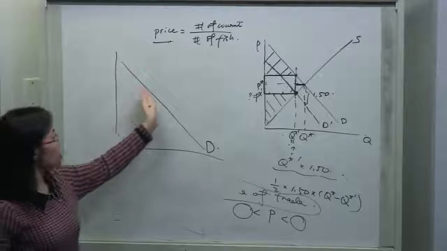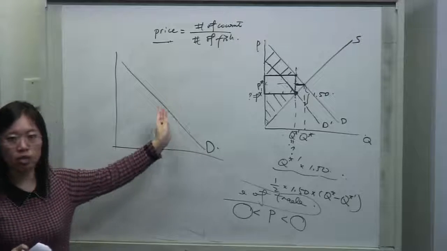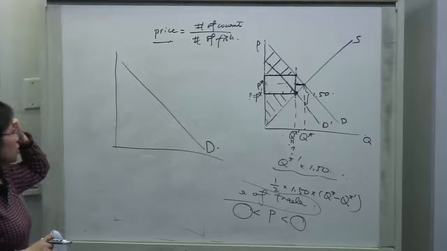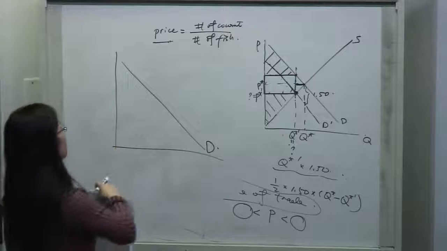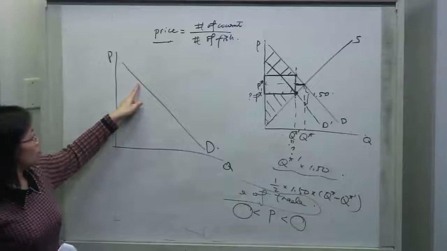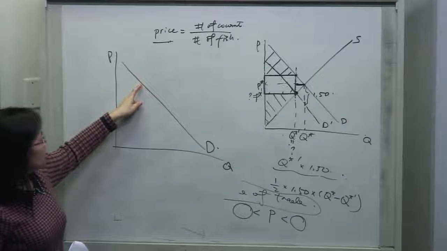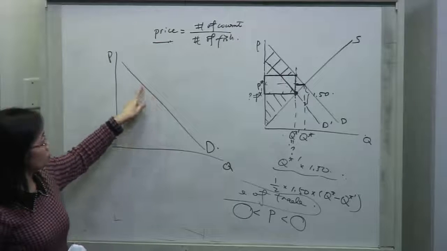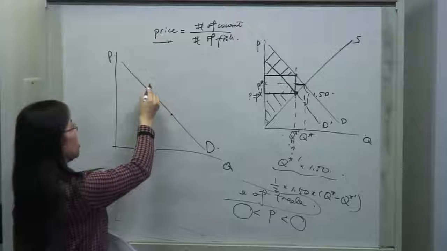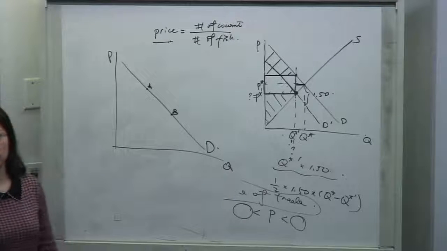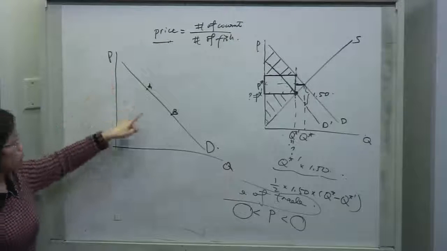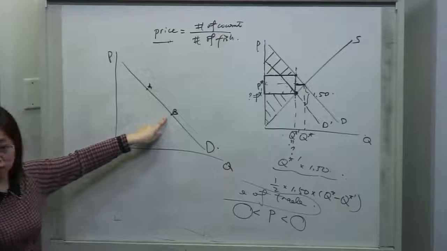We know there are several factors that affect the demand shift: income, price of related goods, tastes and preferences, expectations. But what is the thing that will affect quantity demanded, moving from one point to another, A to B? What caused that? Price. This kind of movement is caused by a price change.